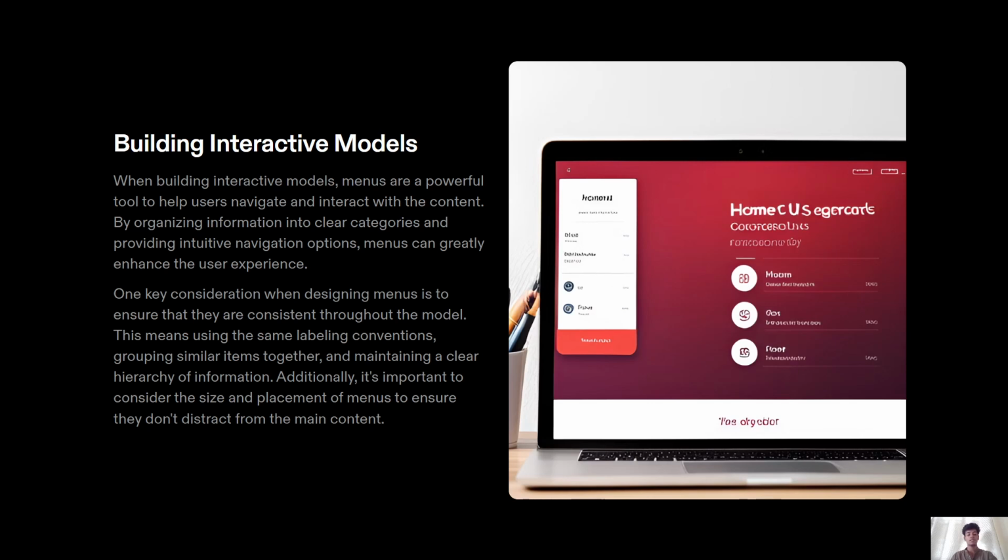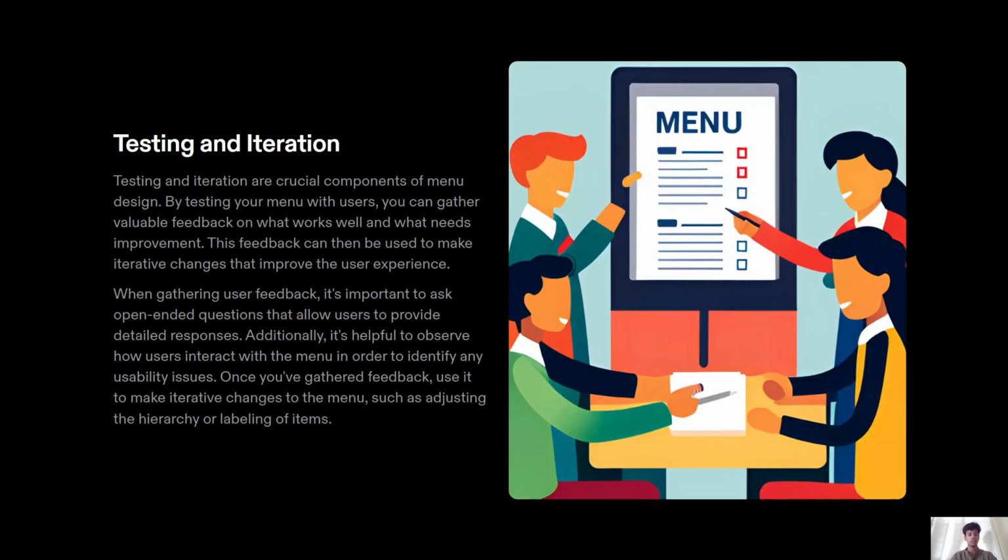This means using the same labeling convention, grouping similar items together, and maintaining a clear hierarchy of information. Additionally, it is important to consider the size and placement of menus to ensure they don't distract from the main content. Testing and iteration.